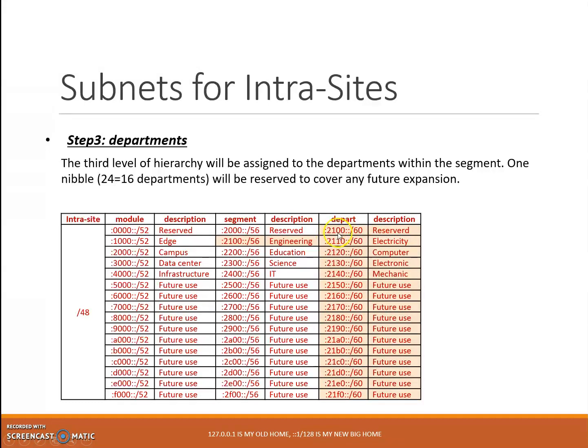Again, 0 will be reserved for any use in the future, 1 for the electricity department, 2 for the computer department, 3 for the electronic department, 4 for the mechanics, and 5, 6, 7, 8 up to F will be for any future expansion. So here we can say this is module number 2, segment number 1, and department number 1, which is campus engineering electricity.